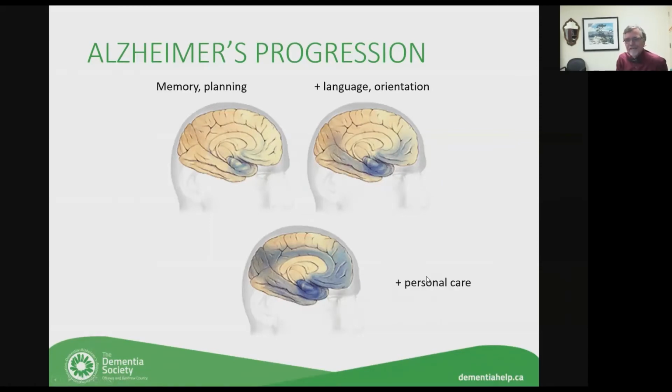And then finally, in the late stages, you can see how the disease is now spread throughout the brain. And in addition to having memory problems and executive functioning problems and language problems, and now even basic care, remembering to take a shower, remembering how to feed oneself, right? These will be affected towards the advanced stages of the disease.